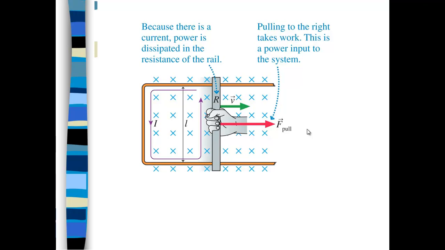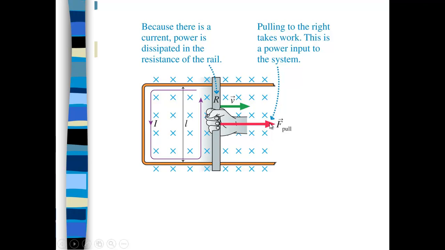Okay, now, because there's current, there will be power dissipated in this rail or this length here that's associated with the dissipation of power. Okay, so that this will create a resistance. The pulling takes work, and that pulling will induce power into the system. So just the force of pulling over a length is work.